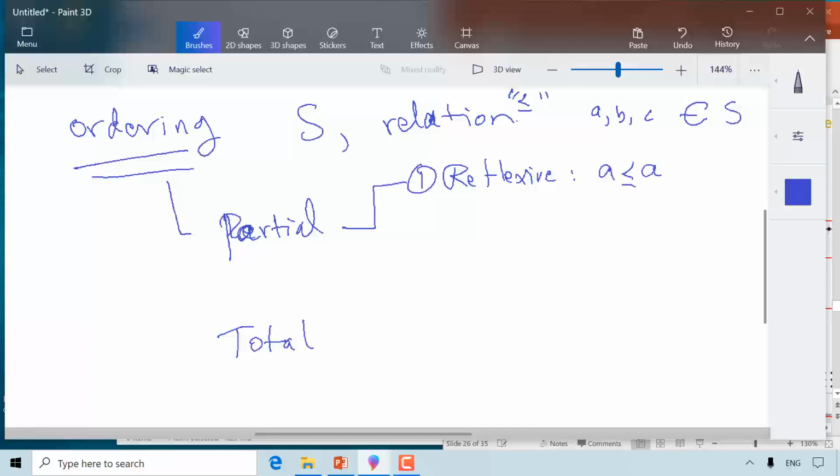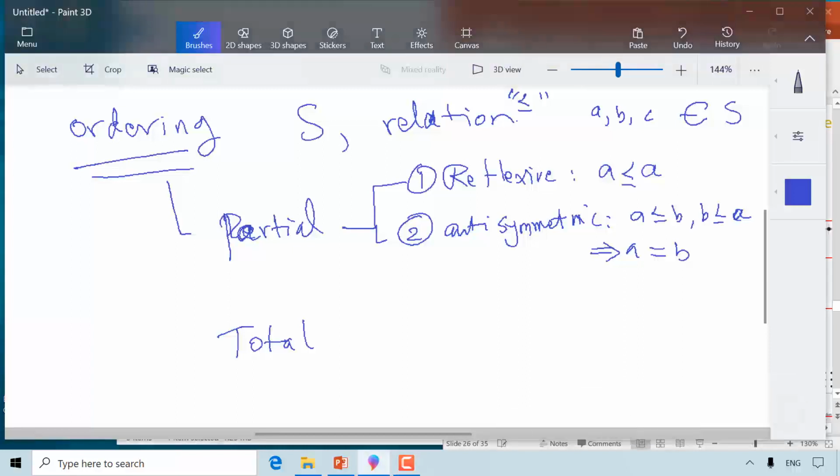The second property is anti-symmetric: if A is less than or equal to B and B is less than or equal to A, that means A equals B. And finally, the transitive property, which says that if A is less than or equal to B and B is less than or equal to C, then A is less than or equal to C.